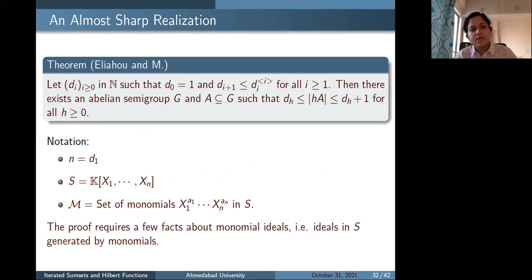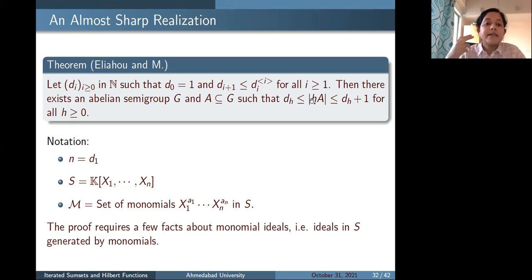So suppose I have a sequence of integers so that d0 is equal to 1 and it satisfies d_{i+1} is less than or equal to d_i^{<i>}.